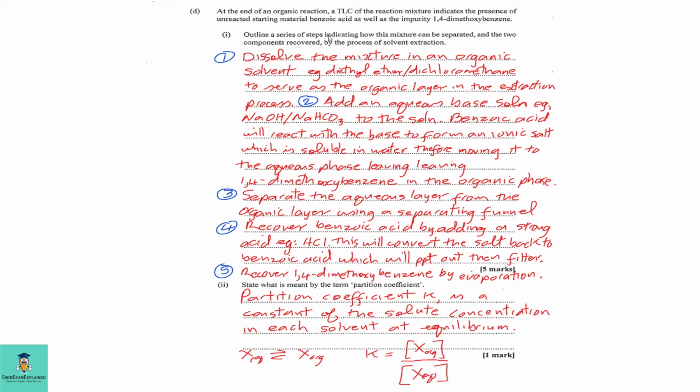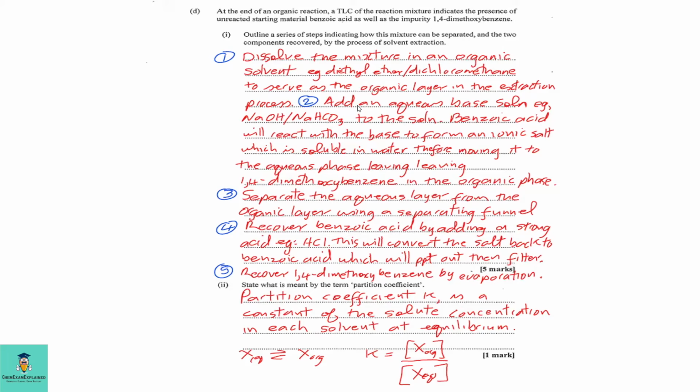Outline a series of steps indicating how this mixture can be separated and the 2 components recovered by the process of solvent extraction. So 1. Dissolve the mixture in an organic solvent, for example diethyl ether or dichloromethane, to serve as the organic layer in the extraction process. Remember, you have 2 layers, an organic layer and an aqueous layer.